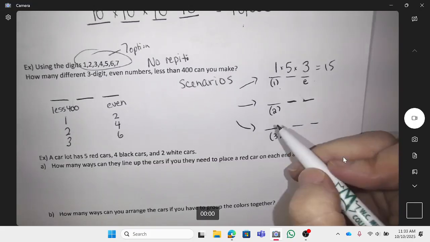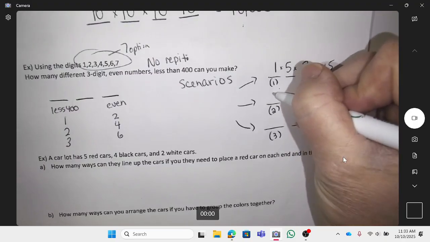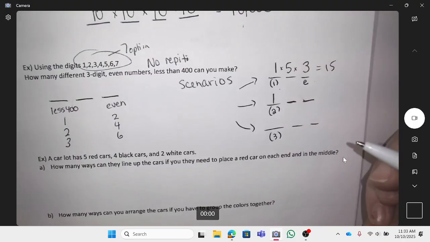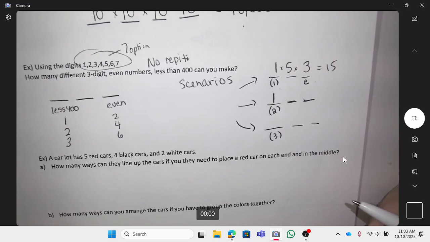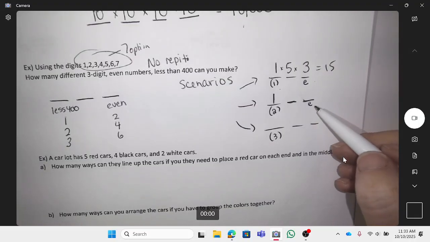Okay, here we go. What if I started this as a 200? How many options do I have to start something with a 2? There's only one way you can start 200. How many options do I have for an even value here? A little tricky to think about.